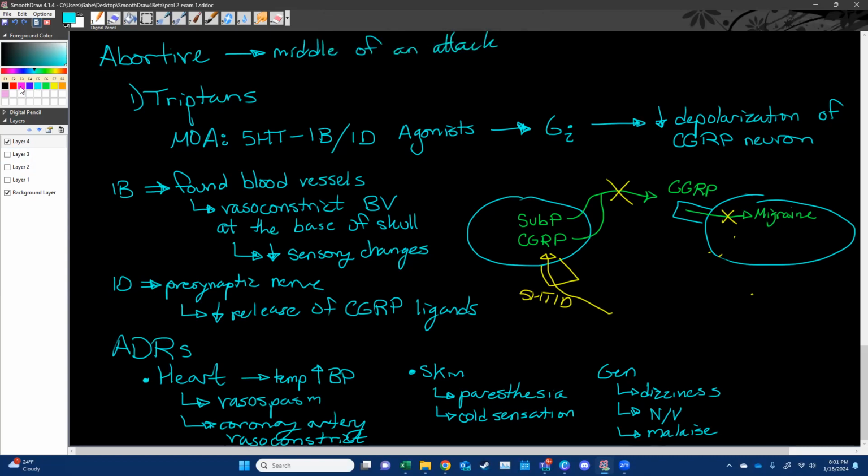When we look at contraindications to triptans, the biggest thing is their effect on the heart. So heart attacks, coronary artery disease, severe untreated hypertension, peripheral artery disease. If you have the potential to clot or to occlude the coronary arteries, giving this drug is going to increase your risk of getting a heart attack or a stroke or some sort of issue like that.